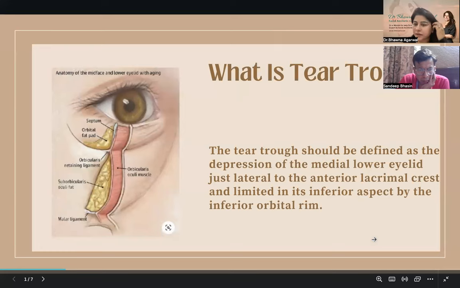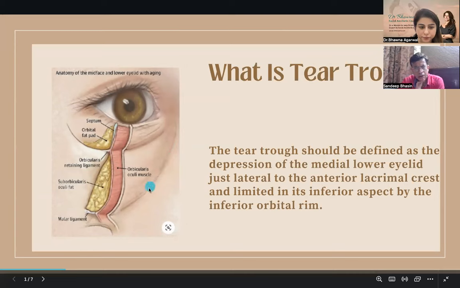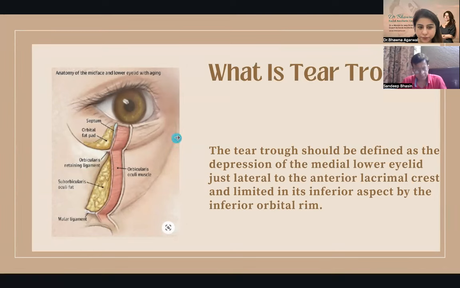First we have to locate the ORL, right? Second is the ZCL, which goes from here. This is the ZCL. From the ORL, the orbital septum runs upwards to the tarsal plate.